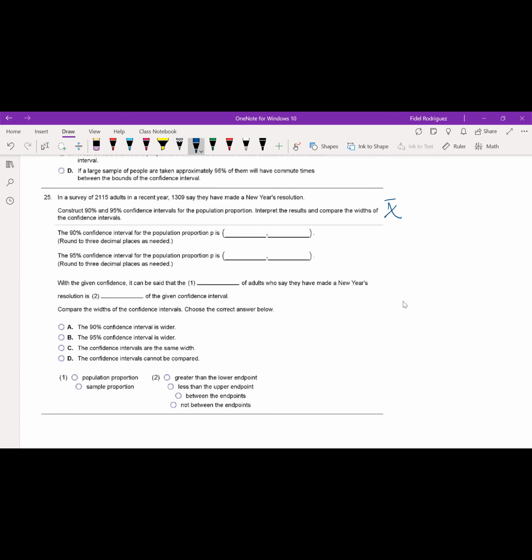First we find x, not x bar, just x, and we find n, and then we find our p hat. My n is how many adults we surveyed, 2,115 adults, and x is the number that say they made a New Year's resolution, which is 1309. And then my p hat is going to be 1309 over 2115.